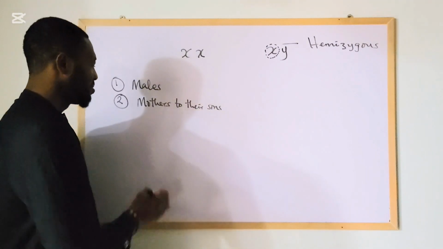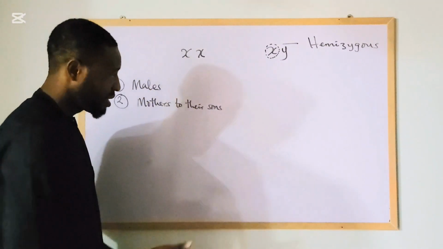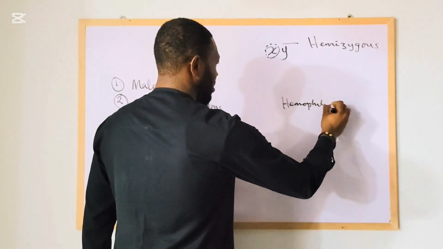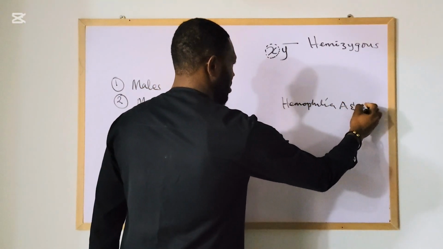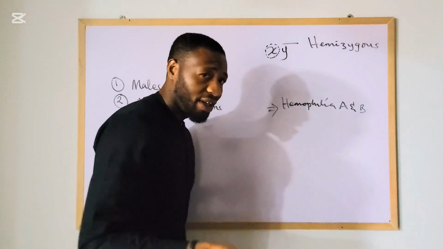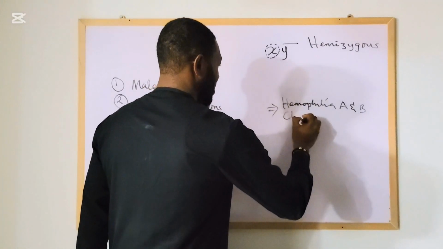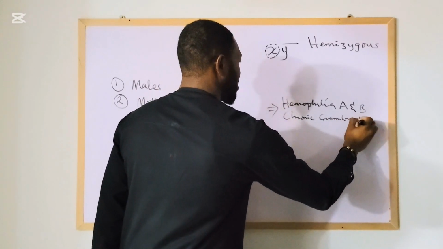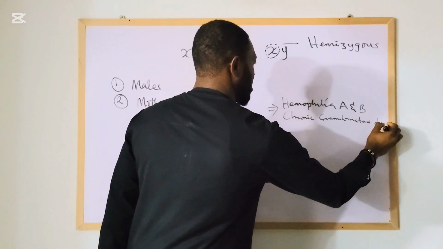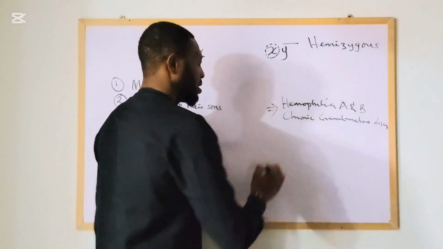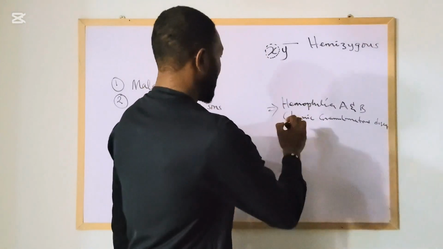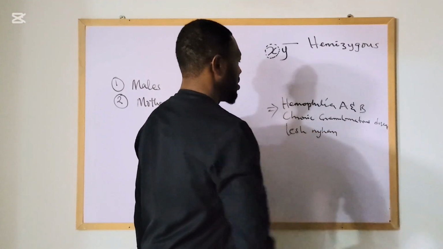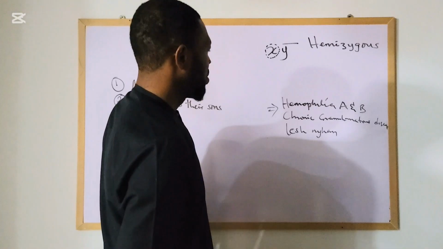Examples include hemophilia A and B, some variants of chronic granulomatous disease, and it also includes Lesch-Nyhan syndrome.